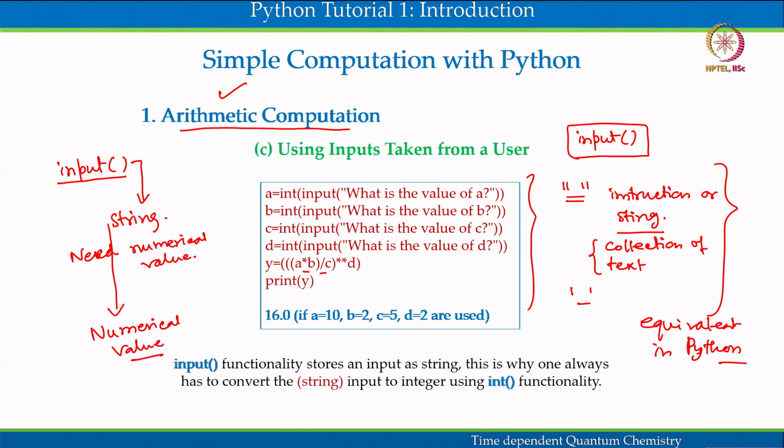A numerical value can be an integer, for which I'll use int. I can use float, floating point, to convert it. So these are the ways I can convert to numerical values.